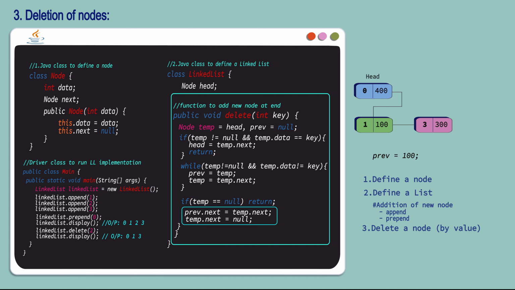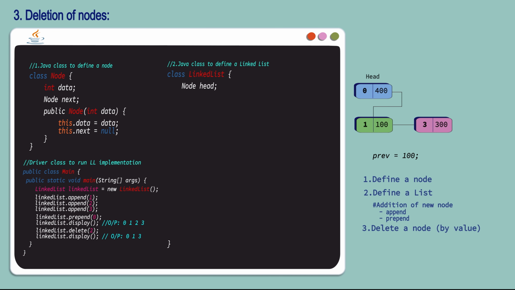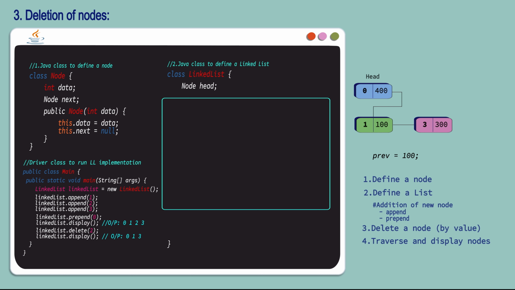And now let's try to implement the display operation, that is traversing and printing the elements. It's a pretty simple operation. You can traverse up to the end node and print the node at each position.